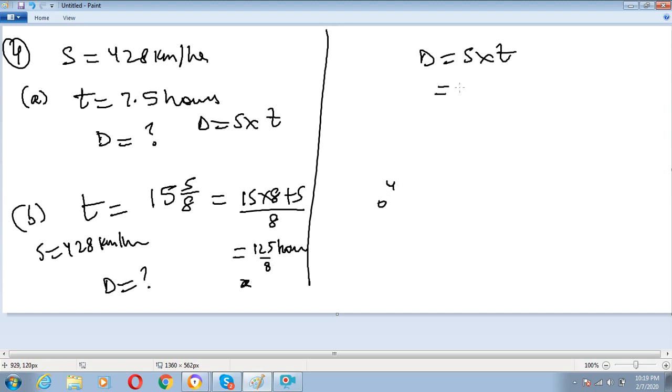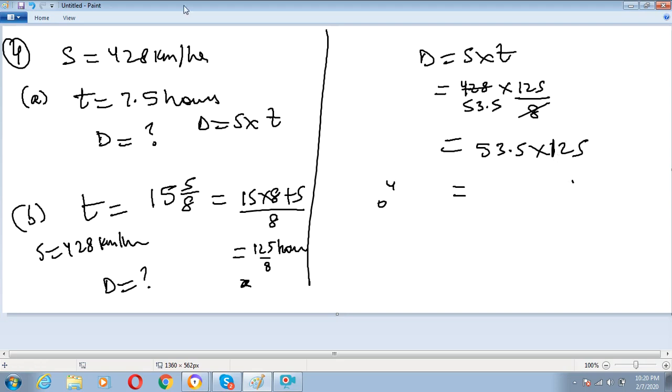So the same: 428 into 125 by 8. 8 5s are 40. 3 8s are 24. 8 5s are 40. So 53.5 into 125. You can calculate. So you can copy this and do it as homework. Okay. Copied? Yeah.